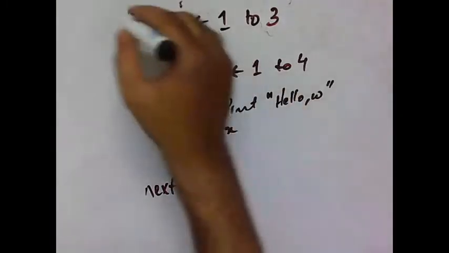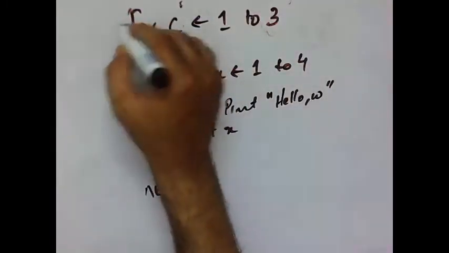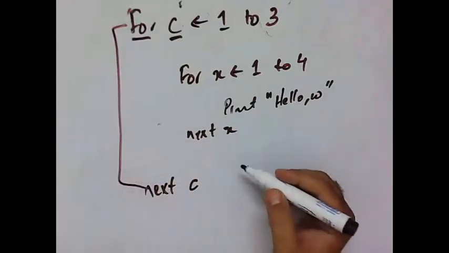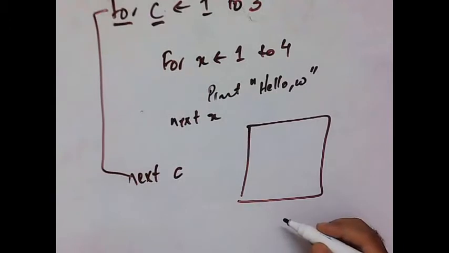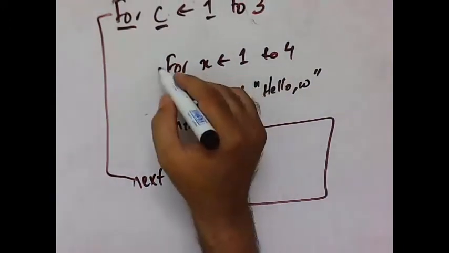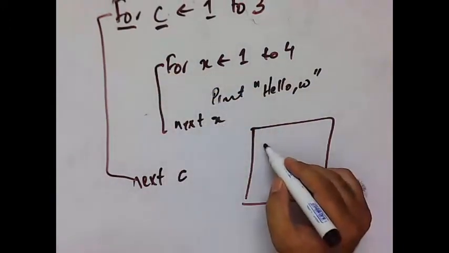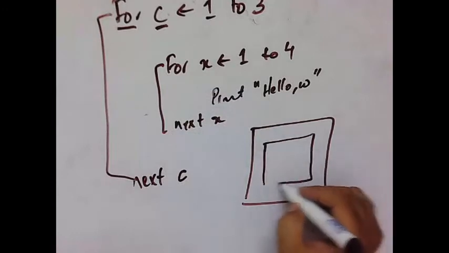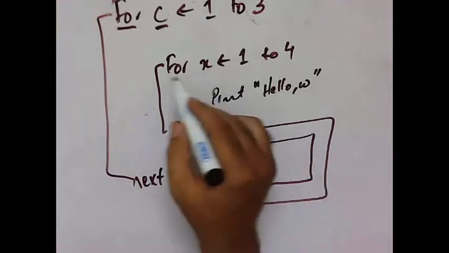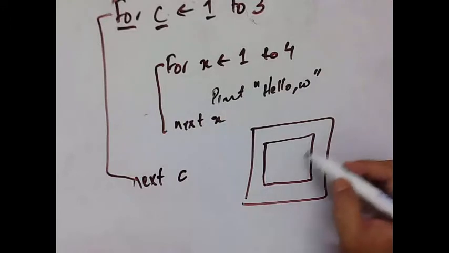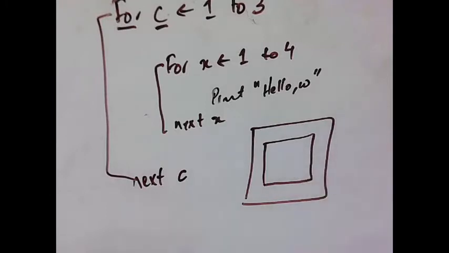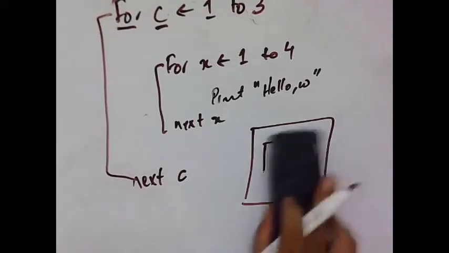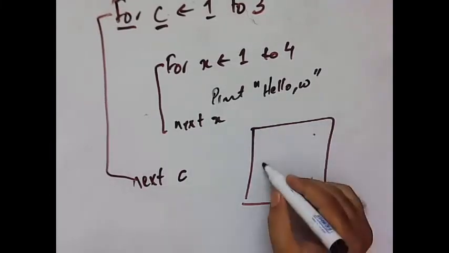So think of this for C loop as a box, and inside a box you are creating another box. The box that is inside the outer box has to end inside the outer box. You cannot overlap the boxes.